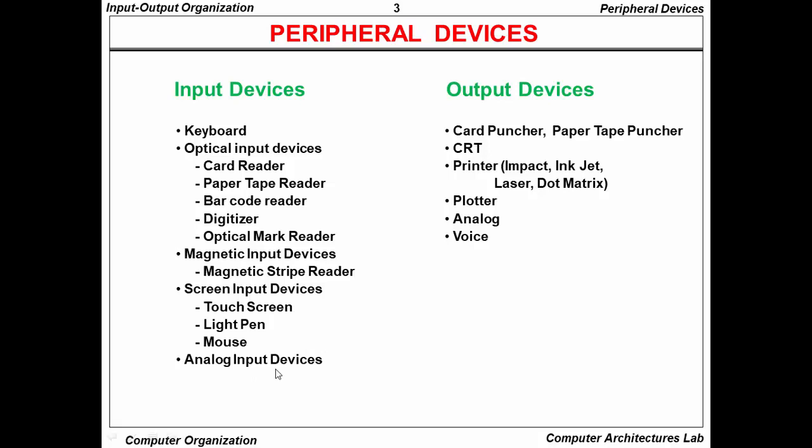And there are some analog input devices. In the same way we have different output devices like card puncher, paper tape puncher, CRT, that is the display, the monitor that we use. The printer is also an output device: impact, inkjet, plotter, analog output devices which display some analog signals, whereas voice or speakers and other things that we have.